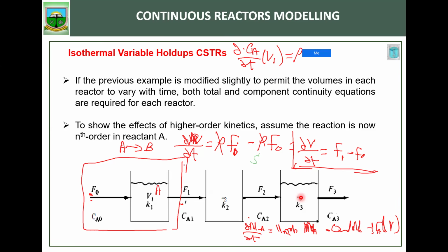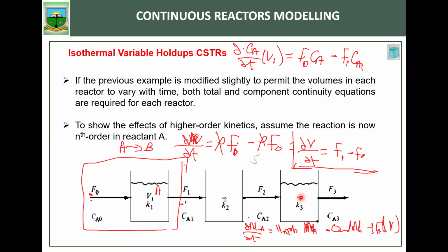So you're looking at d(CA1 V1)/dt to be equal to what? It should be equal to F, what, right? So it's F naught times CA0 minus F1 times CA1. This is going out, it's going to be CA1. Okay.